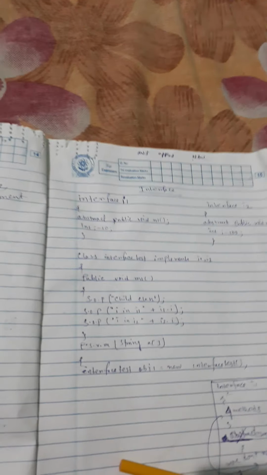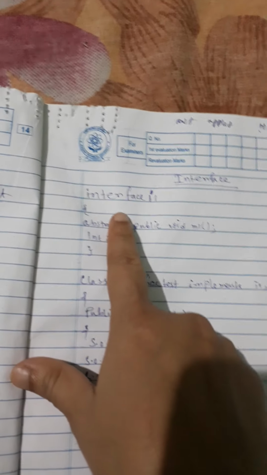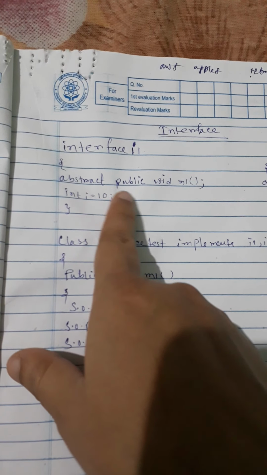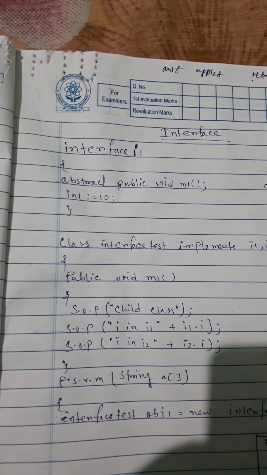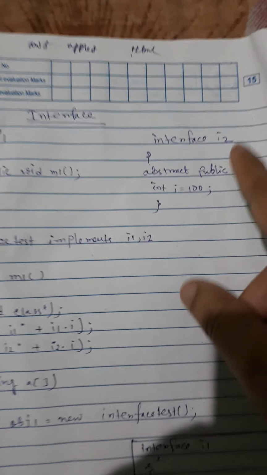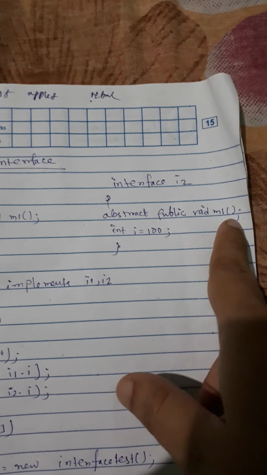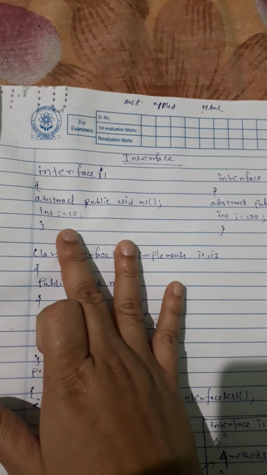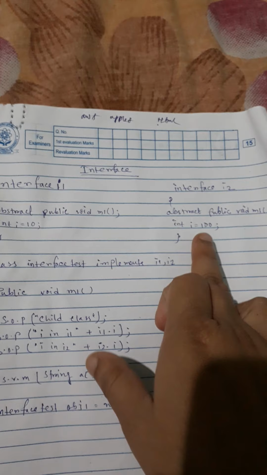So here you can see interface I1, in which the abstract method is void m1, and interface I2 also has abstract void method m1, and variables I = 10 and I = 100.